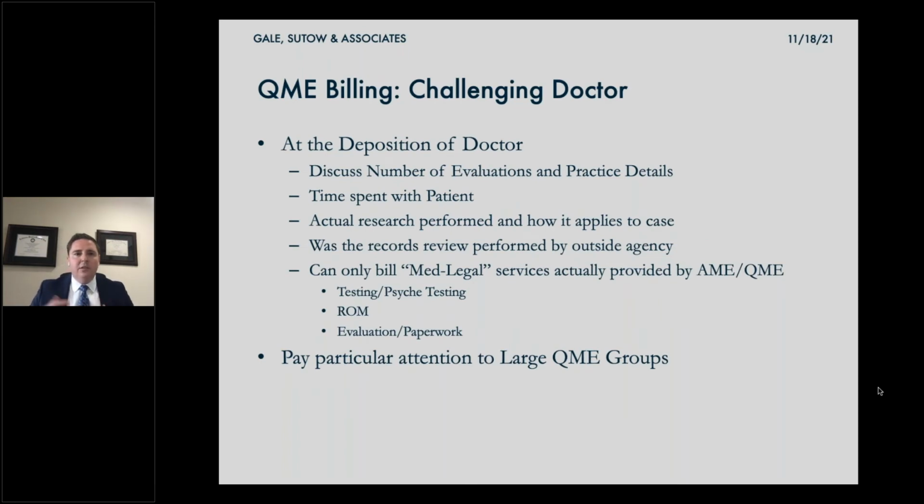So what you want to do, especially whenever you're looking at some of these issues with record reviews not being substantial medical evidence, not reviewing prior injuries, is take this doctor's deposition. You want to ask them questions about how much time they spent with the individual. You want to ask them questions about who performed the records review, who performed the psychological testing, who performed the range of motion.